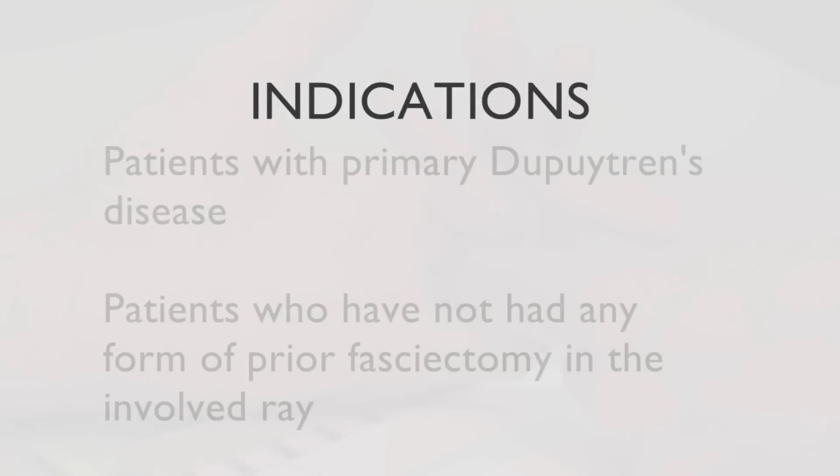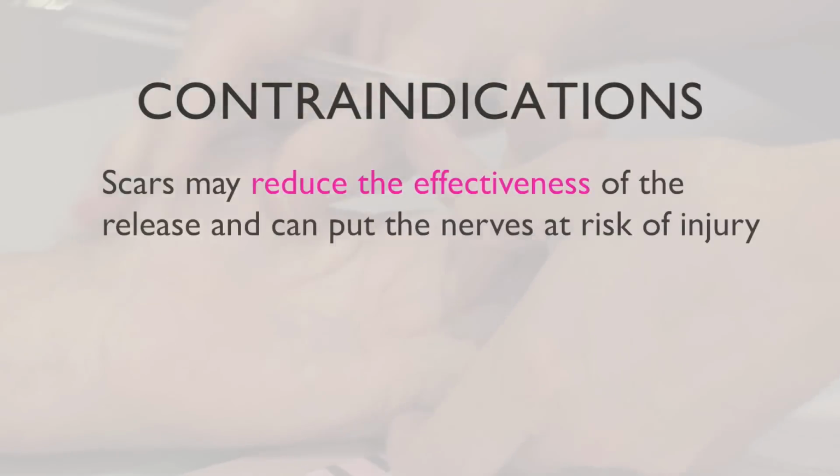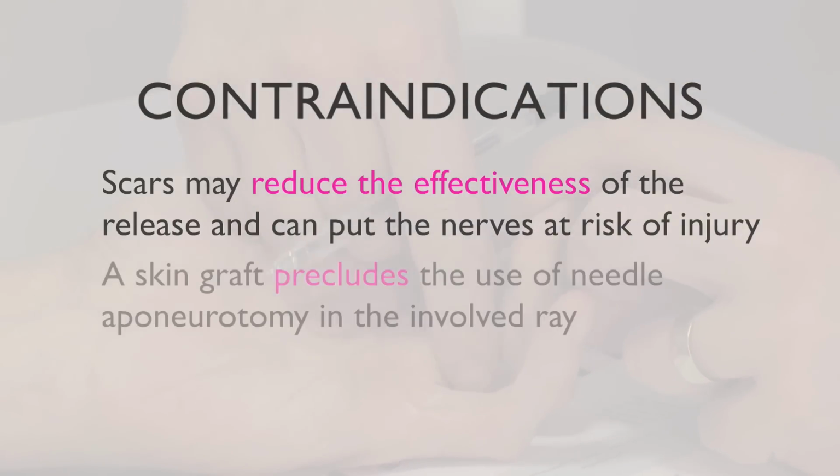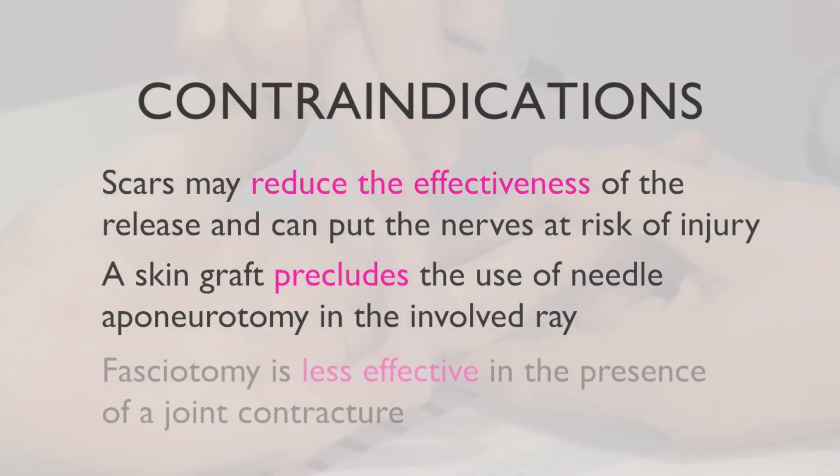Needle aponeurotomy is best performed for patients with primary disease who have not previously had any form of fasciectomy. Scars from previous operations can greatly reduce the chance of releasing the contracture effectively and may increase the chance of nerve injury, as the neurovascular bundles may be in a less predictable location. Needle aponeurotomy should not be done where a skin graft has previously been done in the involved ray.